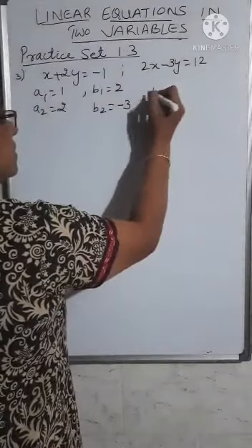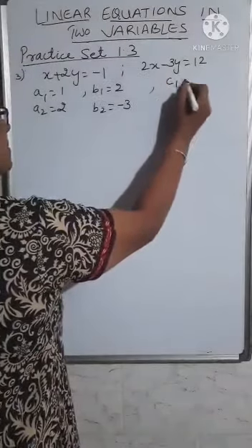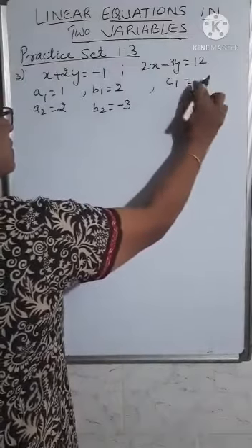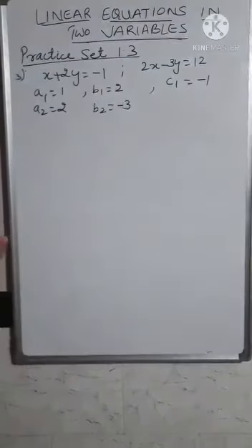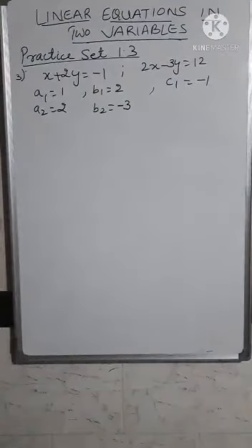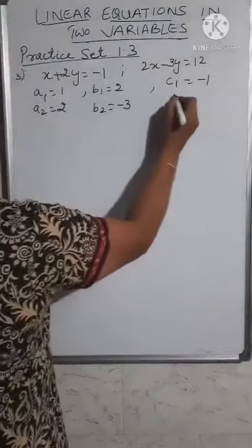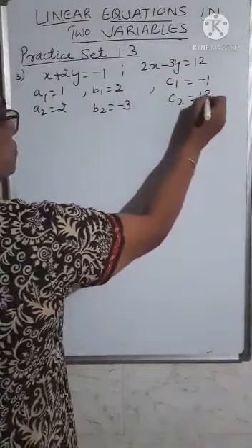Then c1 is minus 1. Whenever you take the values of a1, b1, c1, a2, b2, c2, along with the signs you have to take the value. Now next here you got c2 is equal to 12.